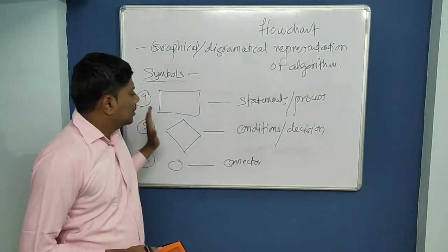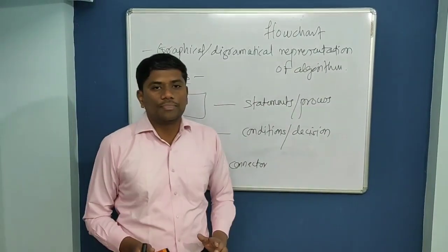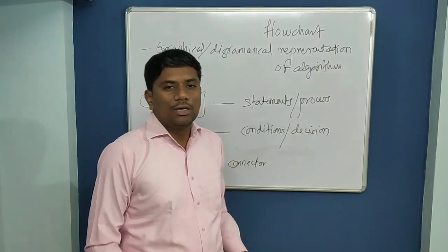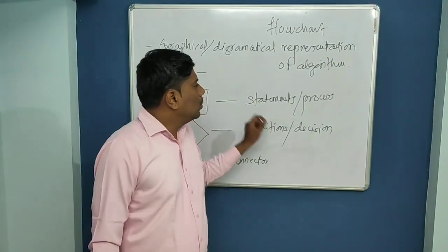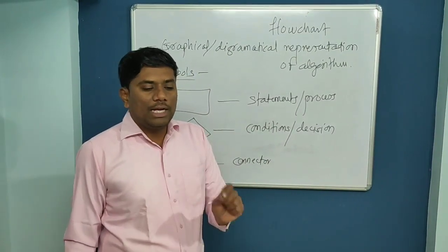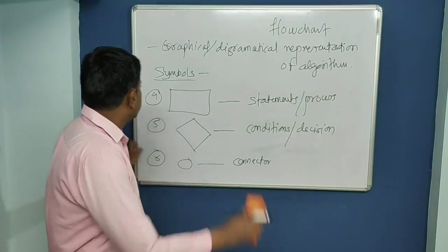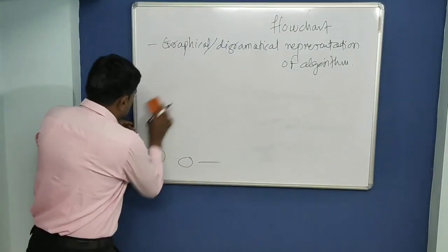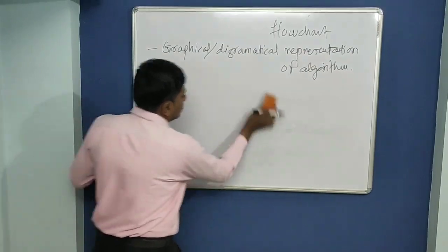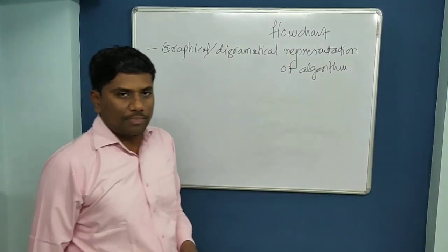So while drawing a flowchart you should use these symbols. Now we'll see that same example, addition of 2 numbers, using flowchart, where the numbers are entered by the user.